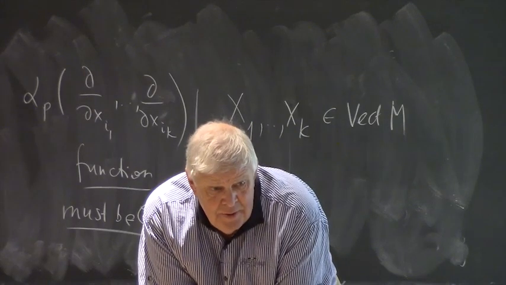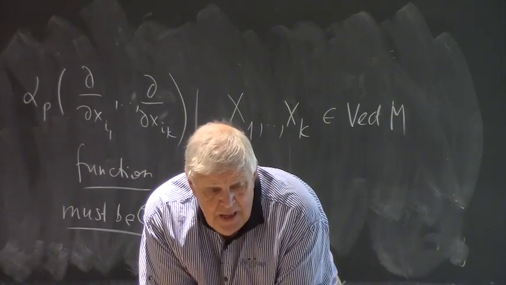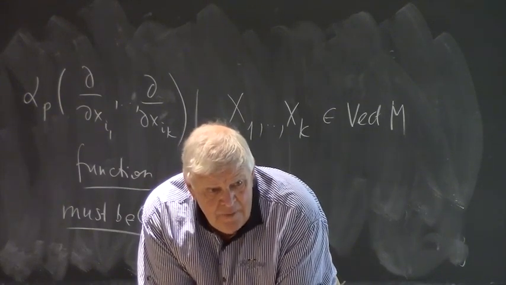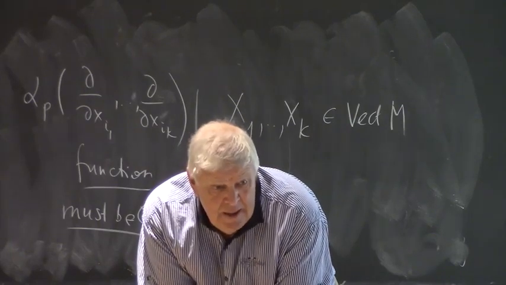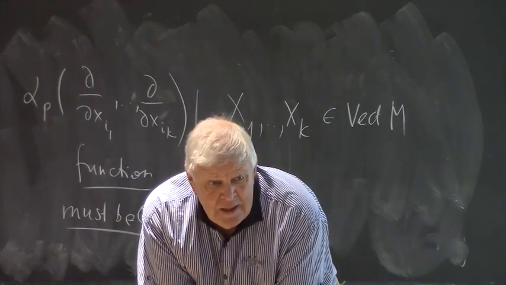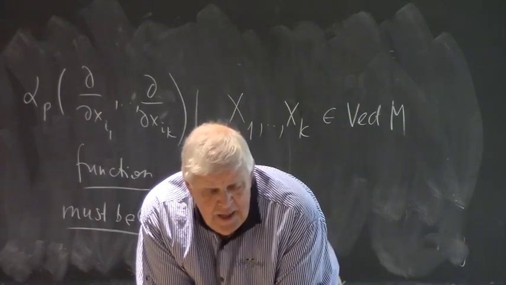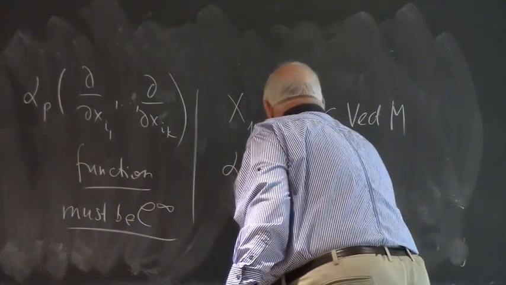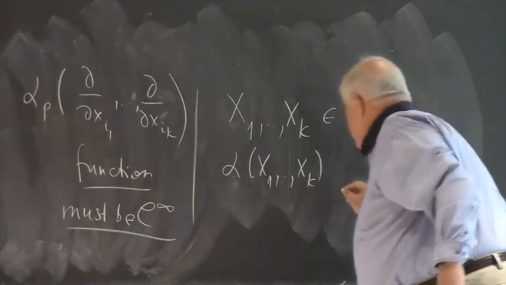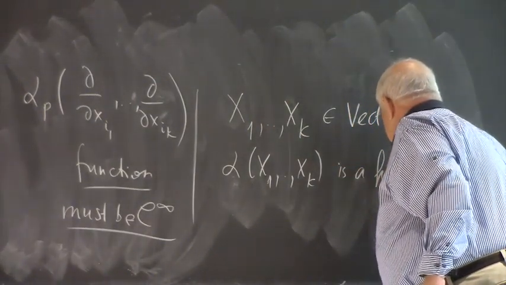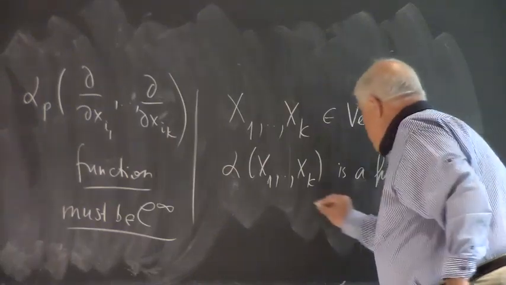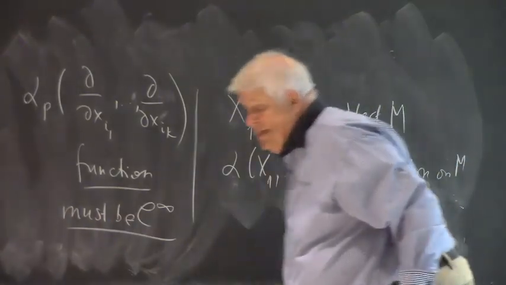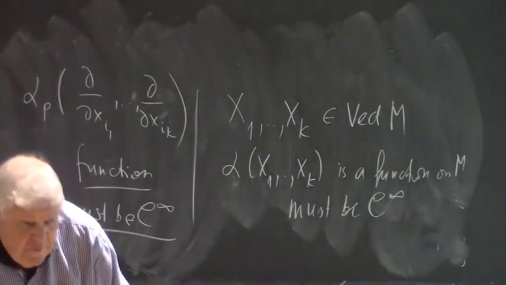We do not need to care about that. And we can plug these vector fields into alpha, because at every point they have values which are tangent vectors, right? So we can say alpha of x1, xk is a function on M. And I said it must be C infinity for every set of vector fields.